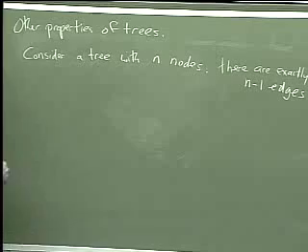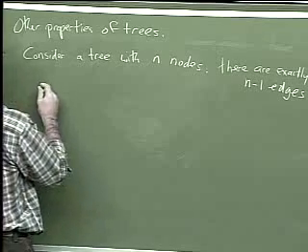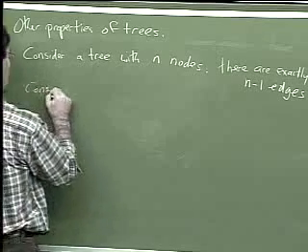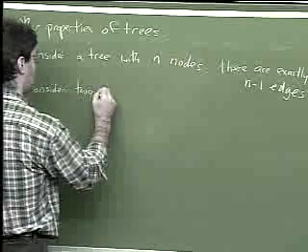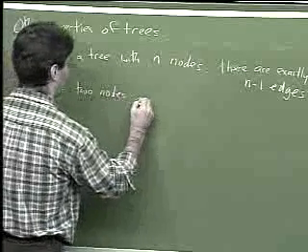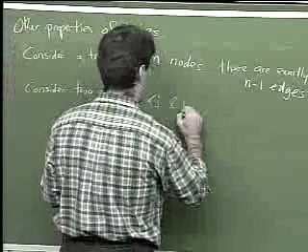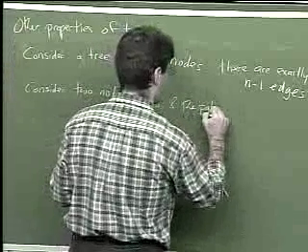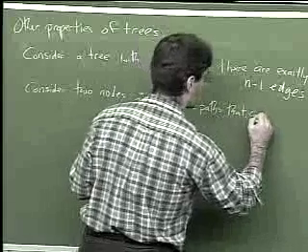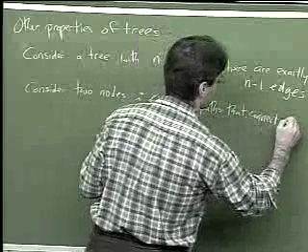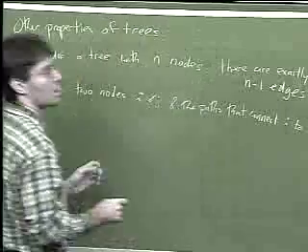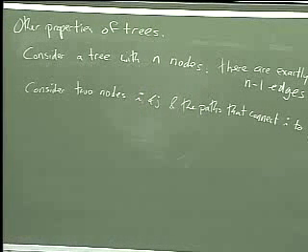So I want something having to do with, consider two nodes, I and J, and the paths that connect I and J. What can I say about those paths?